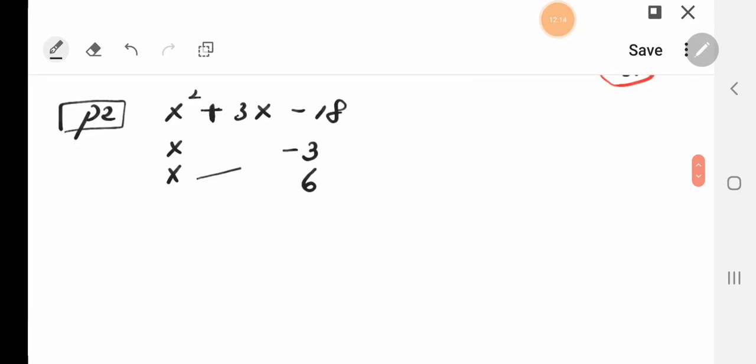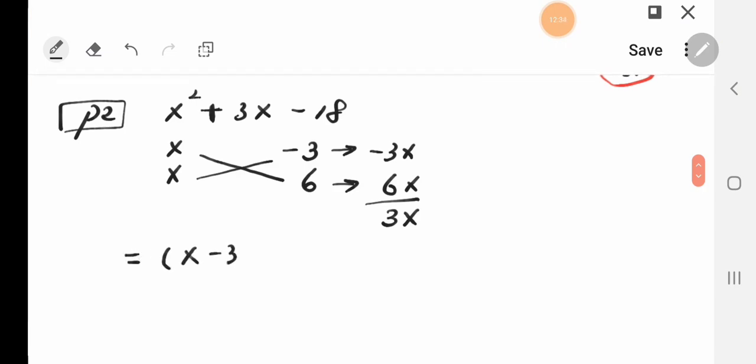So let's try this. Negative 3 times 6 is negative 18. Cross multiply is negative 3x. Cross multiply of these two is 6x. The sum is 3x, so the result is the same as the second term. So this is equal to what?